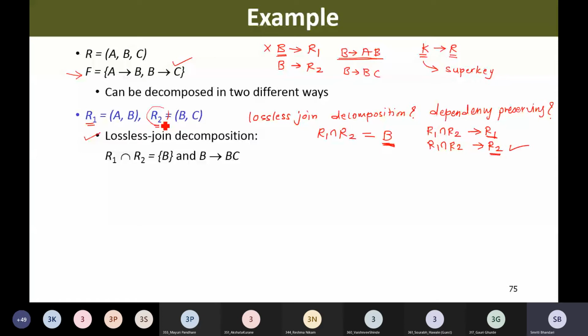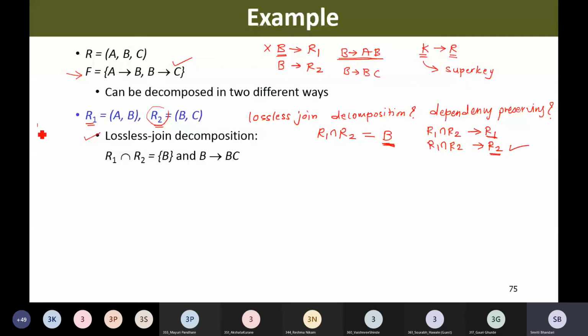A simple way is, whatever is the set of functional dependencies given, we need to check F1 and F2 associated with R1 and R2, the restrictions with respect to R1 and R2.